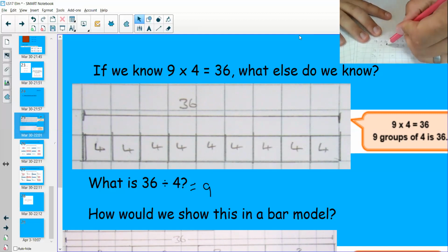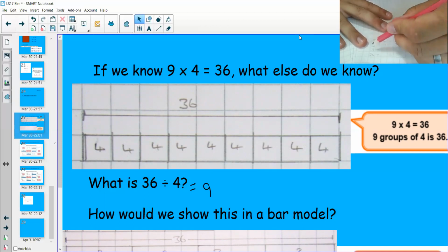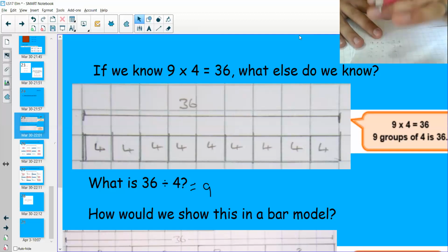So 9 goes second instead of first, and 4 goes first instead of second. Then very easily, on the last part of the fact family, we use the numbers left. So let's do a 9 first, keep it nice and simple, and end in a 4. And then do a 4, and end with a 9.